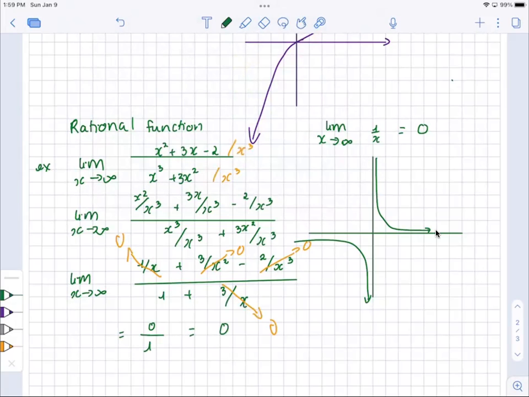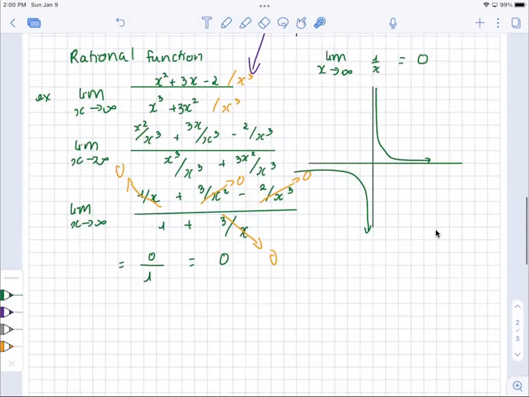So for rational functions, you want to divide by the highest power of the denominator to see whether your limit exists or not. Now, some people can pay attention. If the highest power of the denominator is larger than the numerator, then the limit goes to 0.